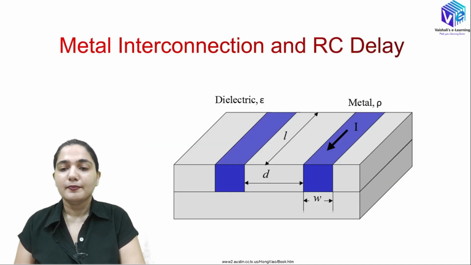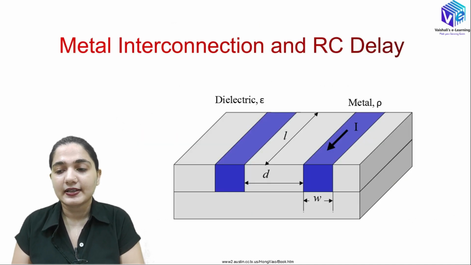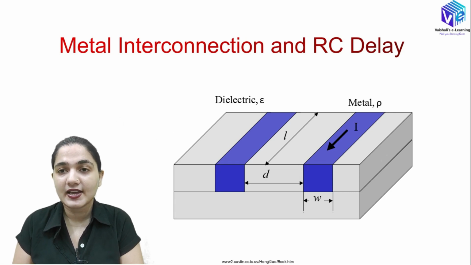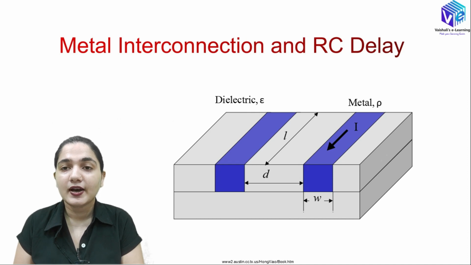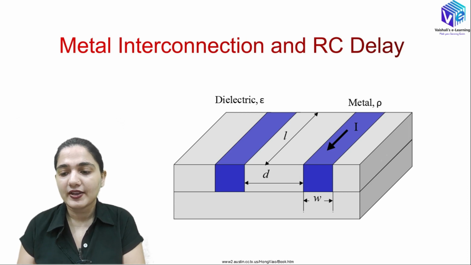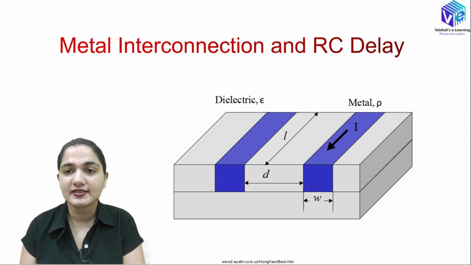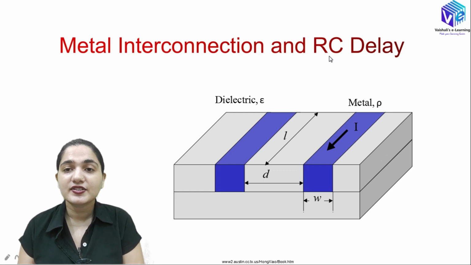Now metal interconnection and RC delay. Whenever we have metal interconnection with the VLSI chips, I told you that we have to connect the chips with the outside environment. For that we will be connecting it with metals. Whenever we have the metals connected to it, it will be forming capacitance, and with the help of resistance and capacitance, we know RC gives some delay.